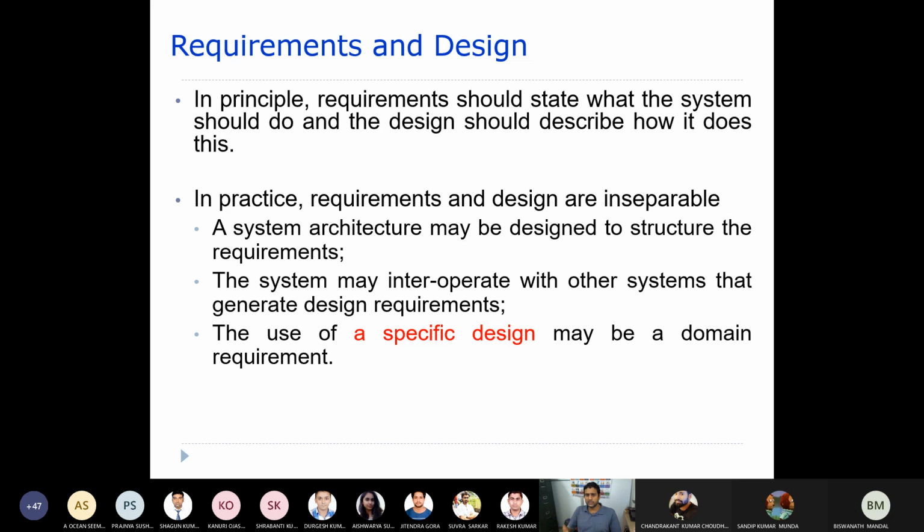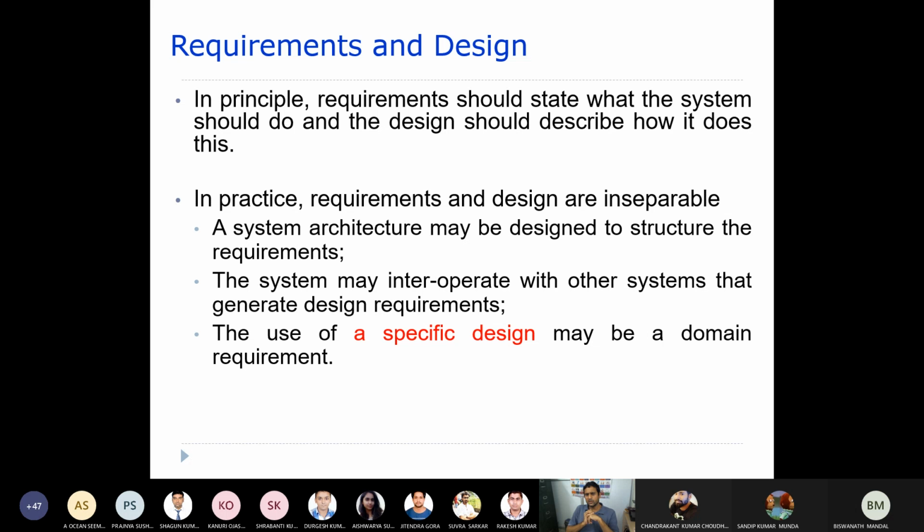Let's say we have thousands of requirements. Which requirements should be developed as part of which component? That's the architecture point of view. So usually the architecture is used to structure the requirements.